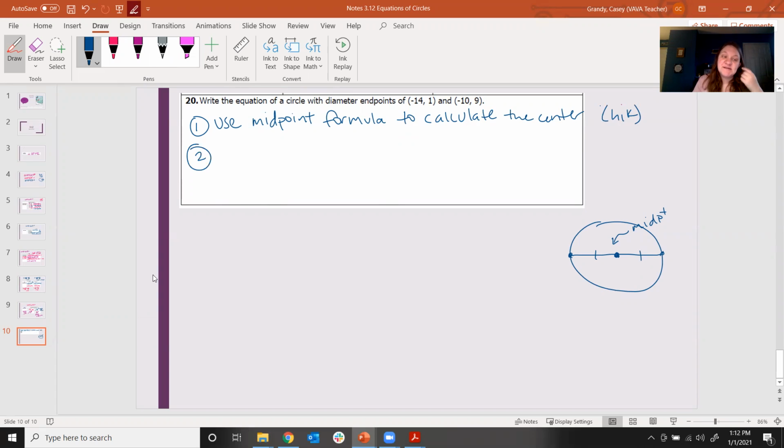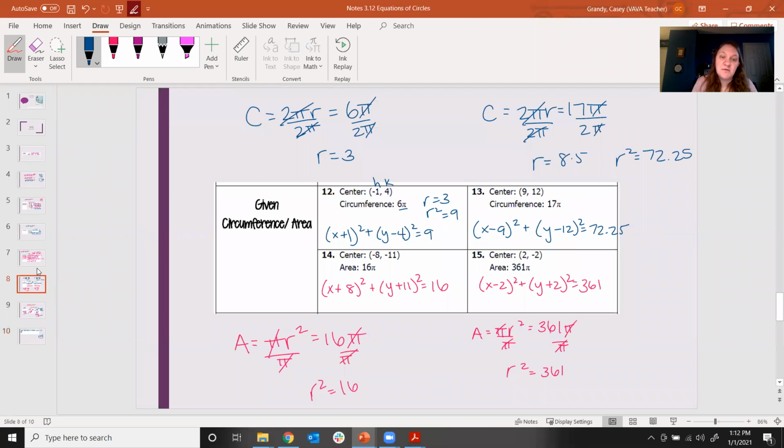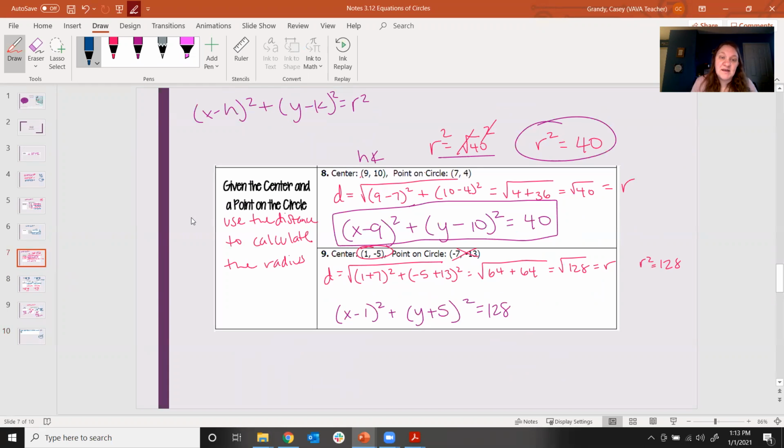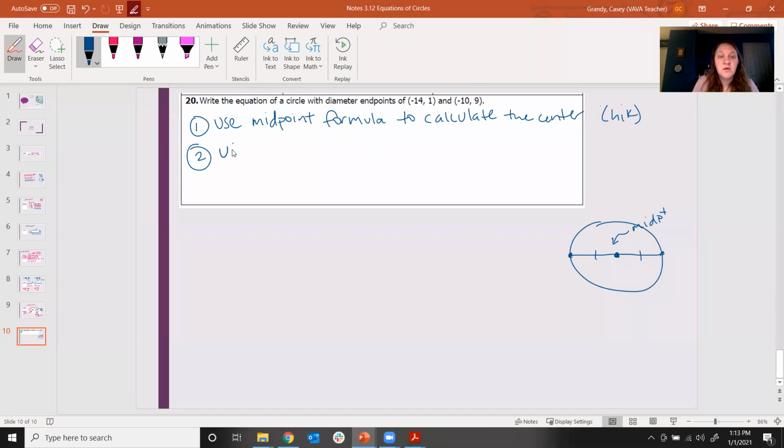And we're going to find the radius kind of like how we did in the problem back here. Okay. We'll use a distance formula. You can use the distance formula one of two ways. Personally, I like to use the distance formula to calculate the radius.